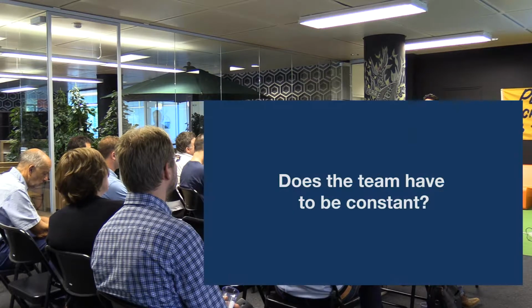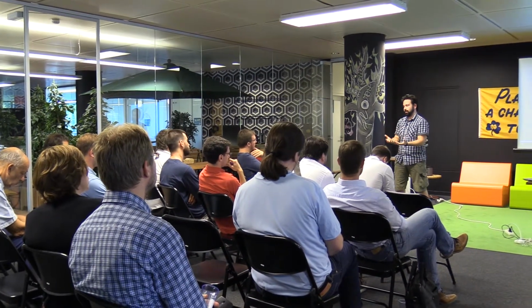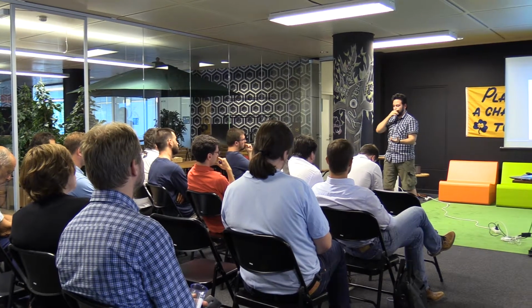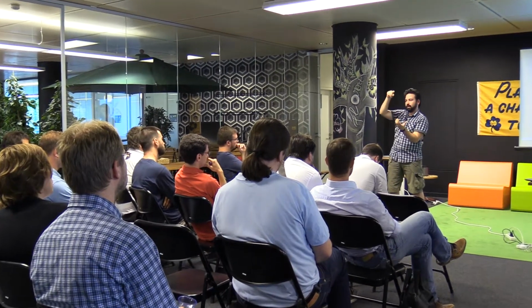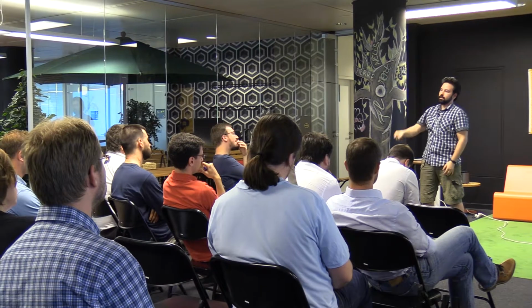And does the team have to be constant, or can you fluctuate, bringing people in when you need extra? It's easier if the team is stable, because people bond together. When you bring a team together, basically you're going to have a stable period, and then it's going to go really bad. And then people are going to really learn to work together, and then it's going to go good again, and better, of course. I guess that's why a stable team is better, because you know what's happening and can build on that.